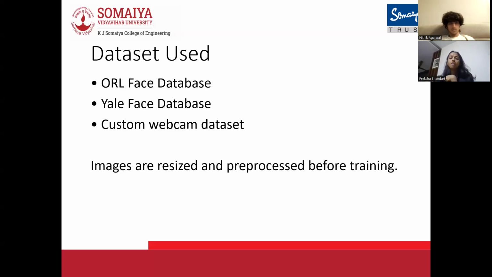Dataset. We created a custom dataset using a webcam. Standard datasets like the ORL face database, Yale face database, and custom webcam database can also be used. All images were pre-processed before training to ensure consistency. Results.